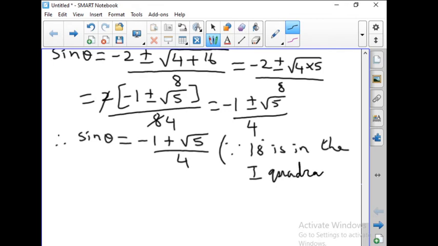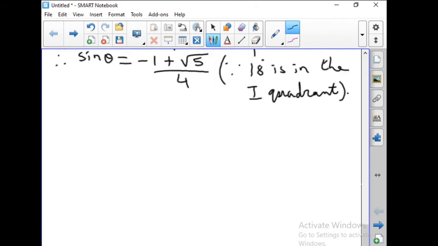Okay, 18 degree is in the first quadrant. Therefore, we take only the positive value. We don't take the negative. So sin theta is equal to minus 1 plus root 5 by 4.